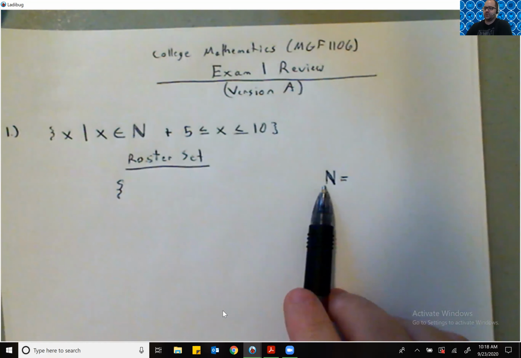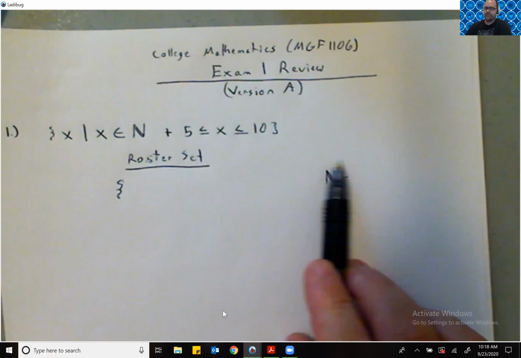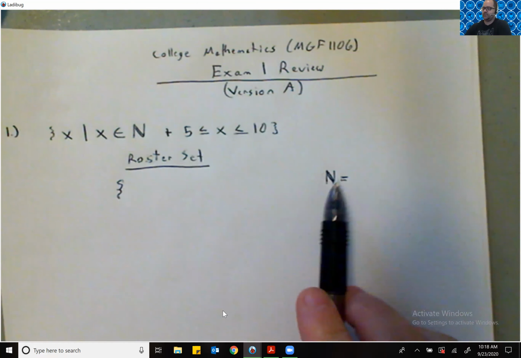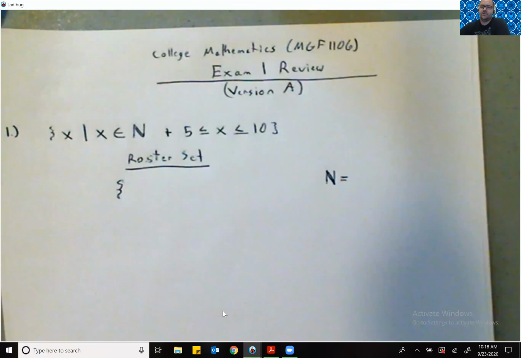I'll give you a hint. These are about a type of number, or the type of numbers that we like. What kind of numbers are these? Natural numbers. Yes, they are the natural numbers.